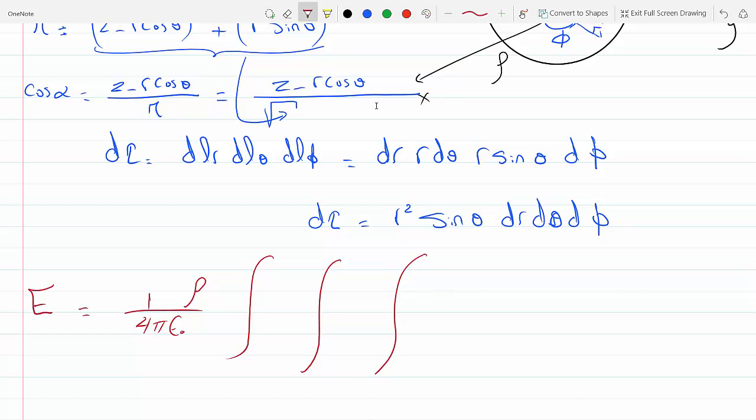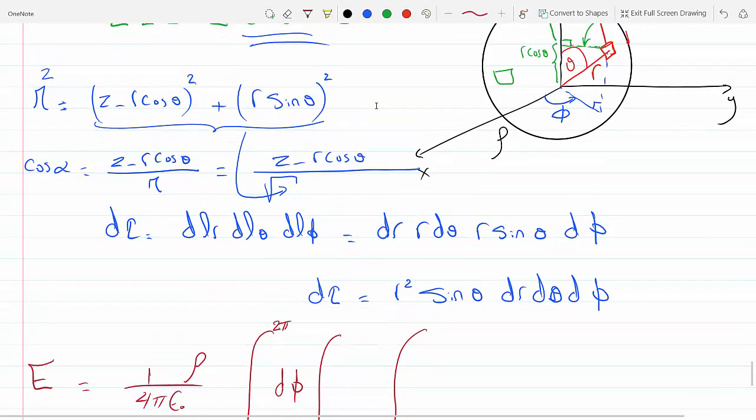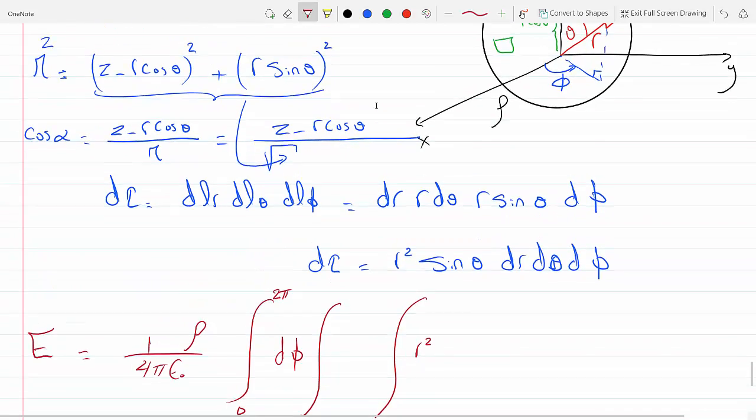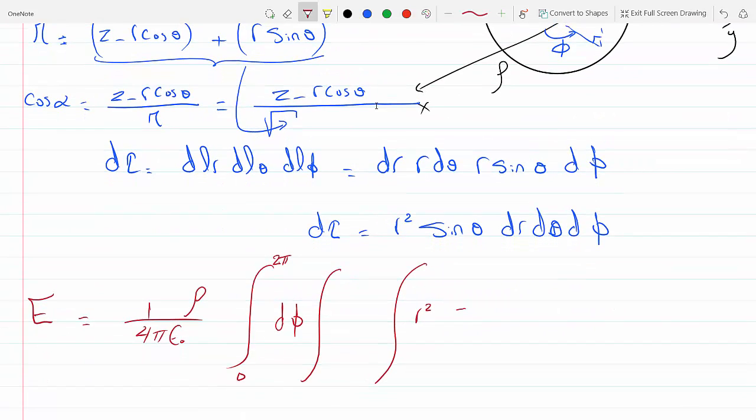There's only one phi in the problem, so I could just put d phi here from 0 to 2 pi. Then we have r squared sine theta dr d theta, and r is going from 0 to big R, the radius of the sphere.